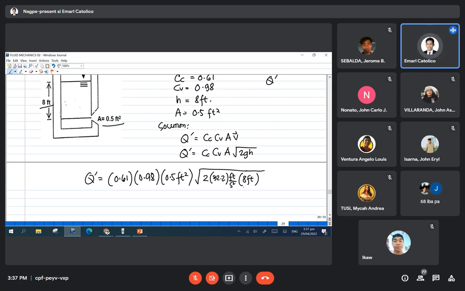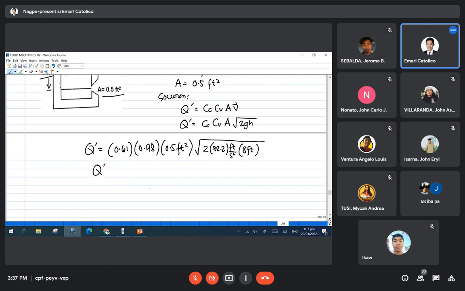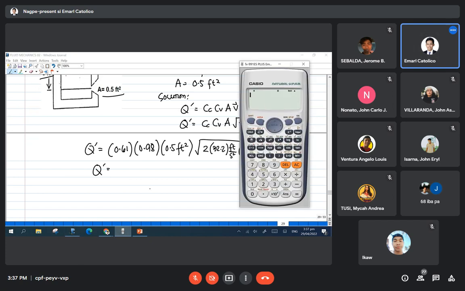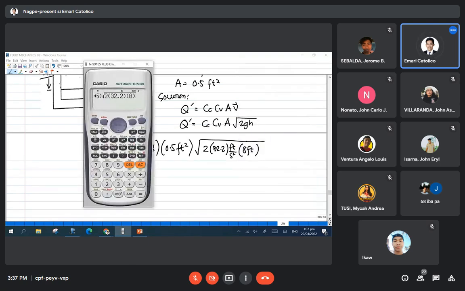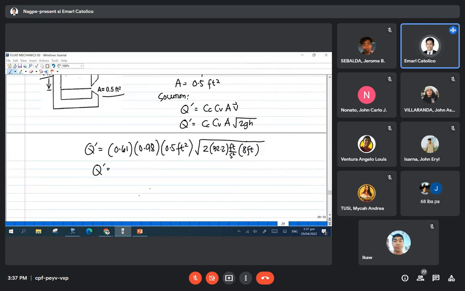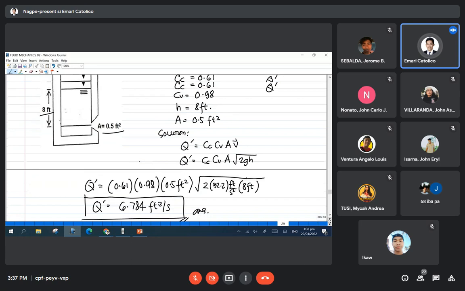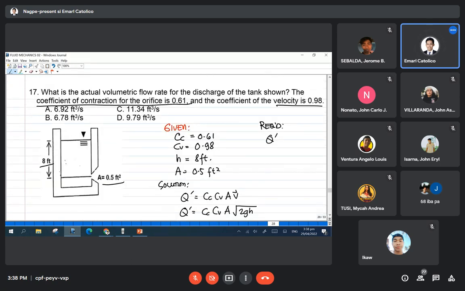So, cubic feet per second ang lalabas na unit. 0.61, 0.98, 0.5 square root of 2, 32.2 times 8. Okay, so 6.784 cubic feet per second. Check natin. 6.78, so letter B.